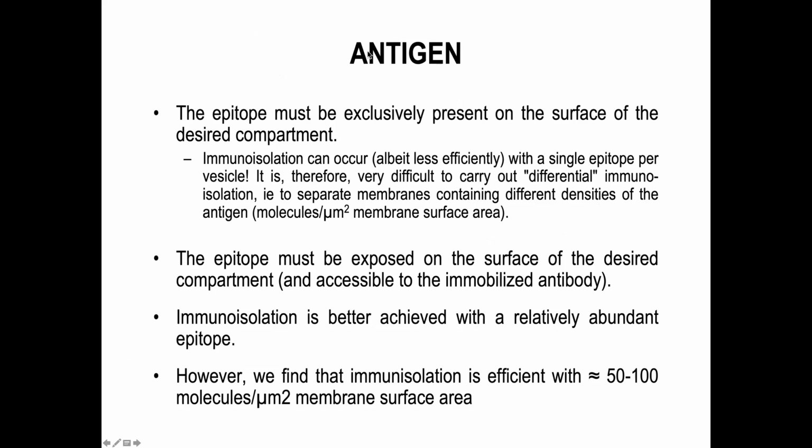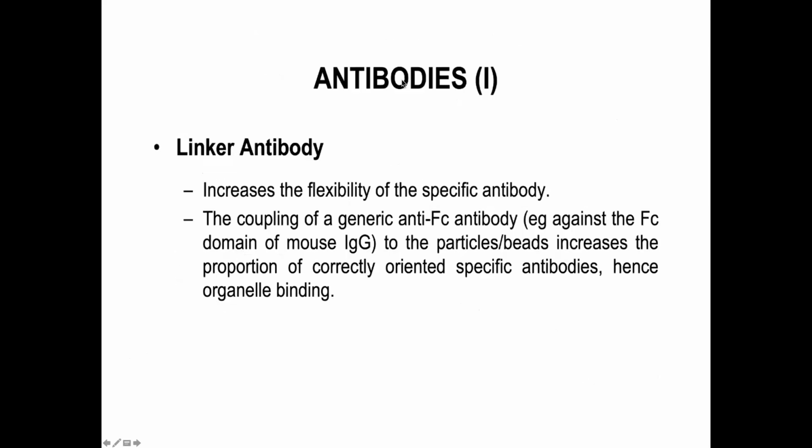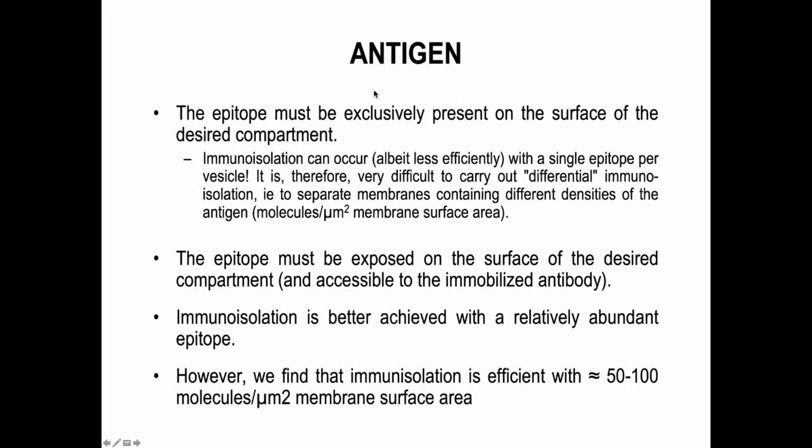What is important for you to know about the antigen, I explain on this slide. The epitope must be exclusively present on the surface of the desired compartment. And this is important. I give you a simple example. You are working in a lab where you should immunoisolate mitochondria.